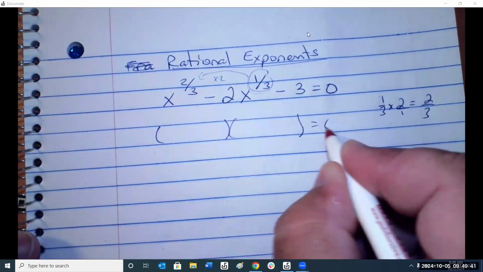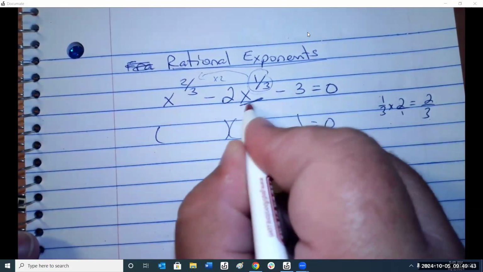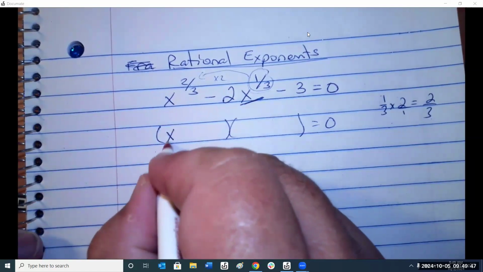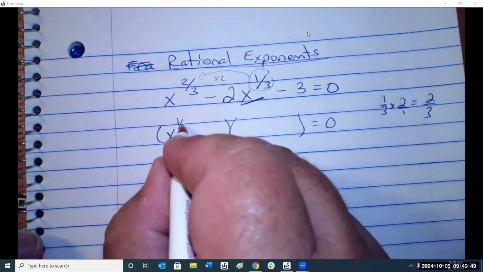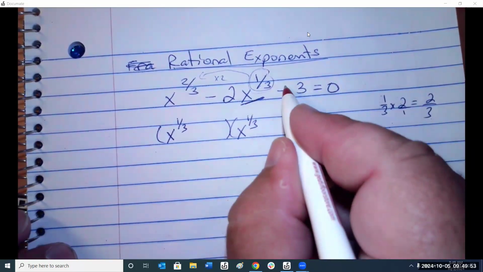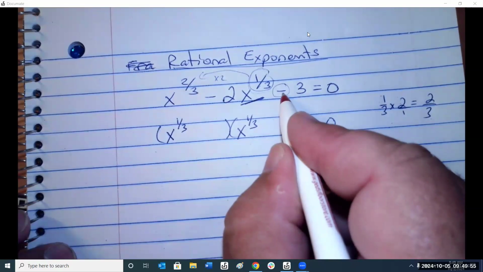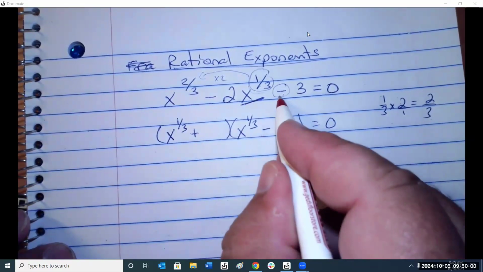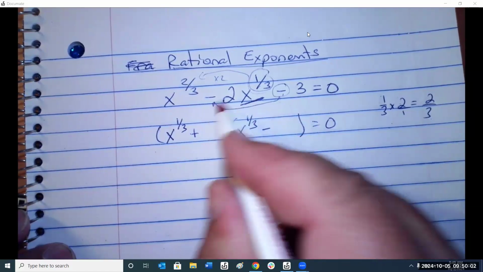But what I'm solving for is this term. So it's x to the power 1/3, x to the power 1/3. It's a negative, so the signs are opposite, and the bigger number will be negative.